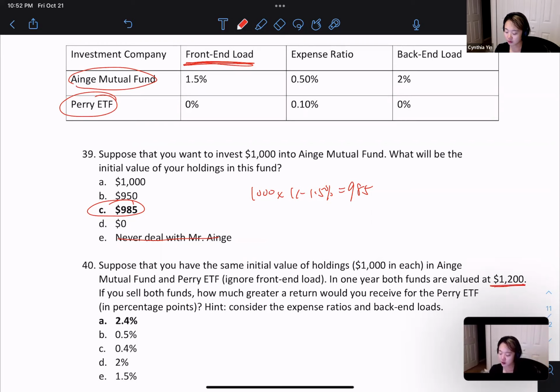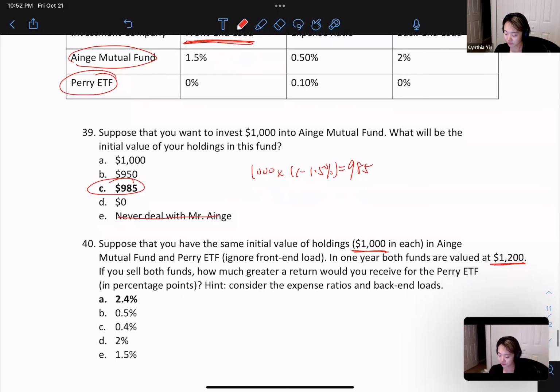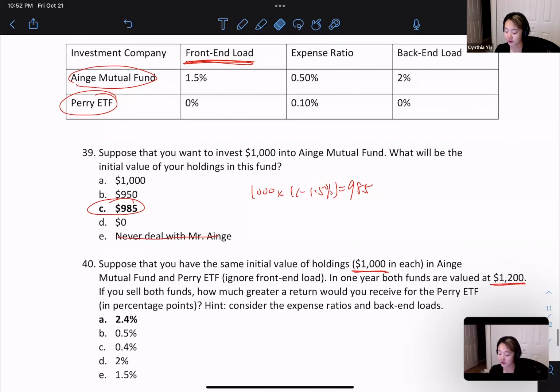And if you sell both of them, here you assume you just have $1,000, ignoring the front end load, like maybe you invest $1,000 plus 1.5% of it, but your final initial value is 1,000. So during this period, how much do you earn from investing in them after the expenses? This is basically what it's asking.